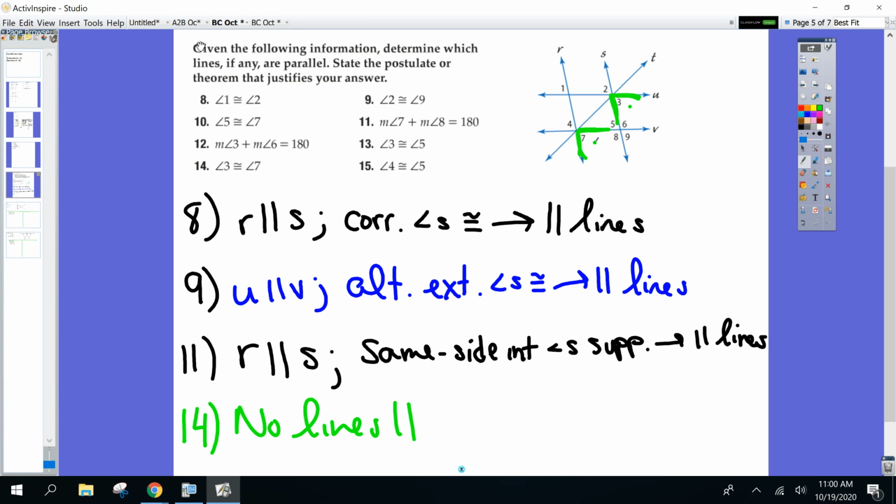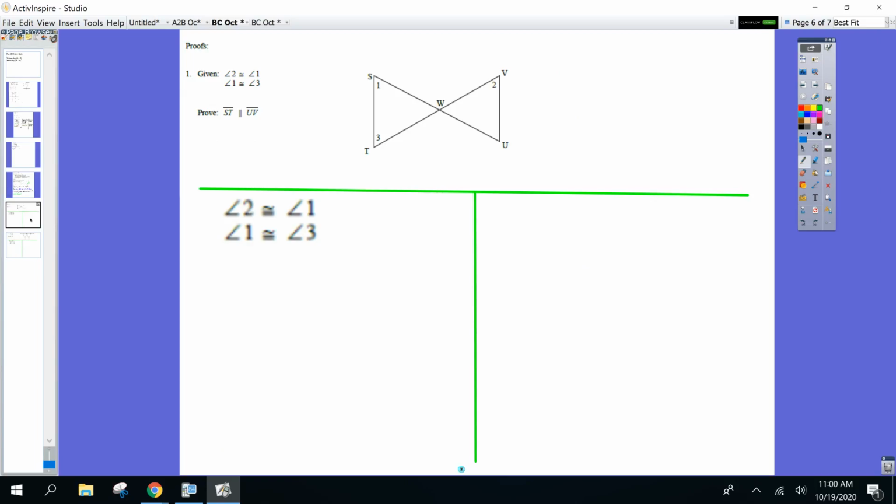Okay, how do we feel about finding the lines? Because now it's actual statements and reasons coming up. Here we go. These are going to be tough.